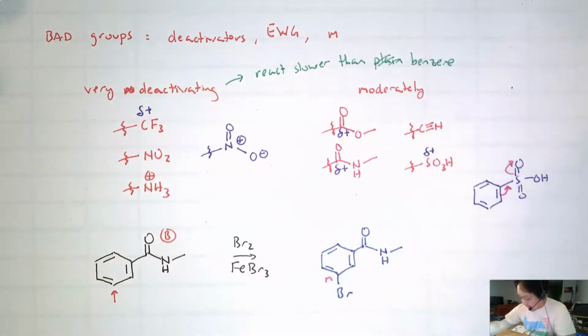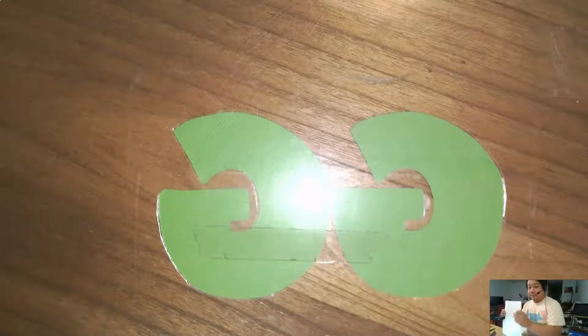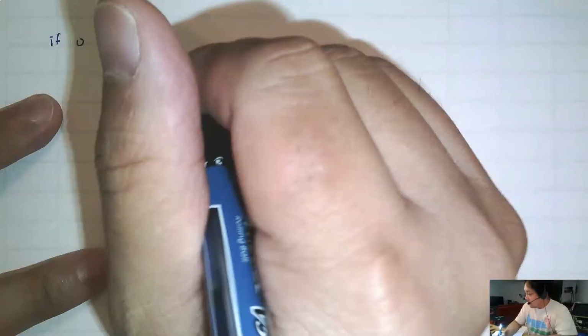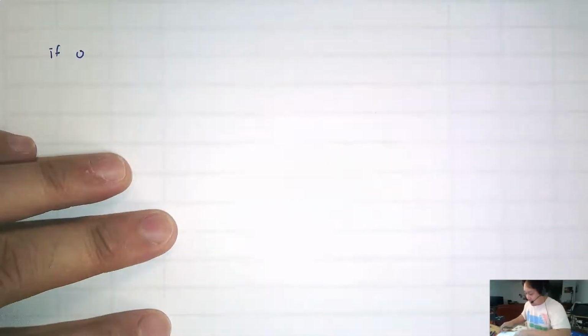I'm going to start a new page because I'm running out of room at the bottom. And I said that we were going to use the nitro group. Let's try that. The strategy is pretend that the electrophile goes in each of those 3 positions. Let me start over.